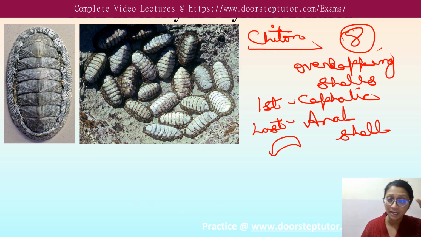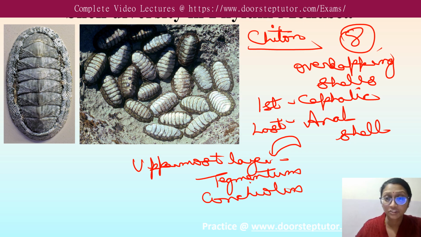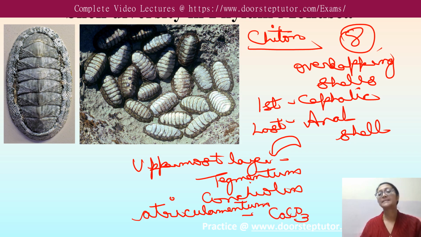The uppermost layer of the shells is known as the tegmentum, which is made out of conchiolin. Whereas the innermost shell layer is known as the articulamentum. It is made out of calcium carbonate, CaCO3.